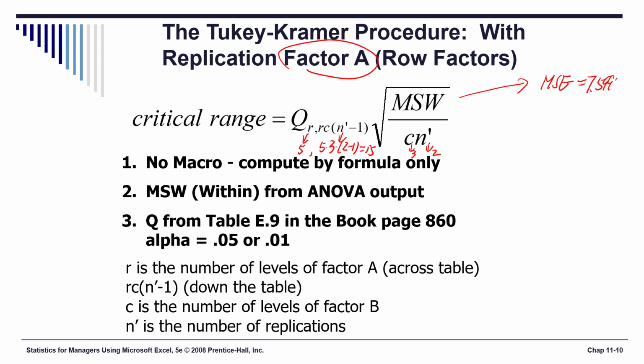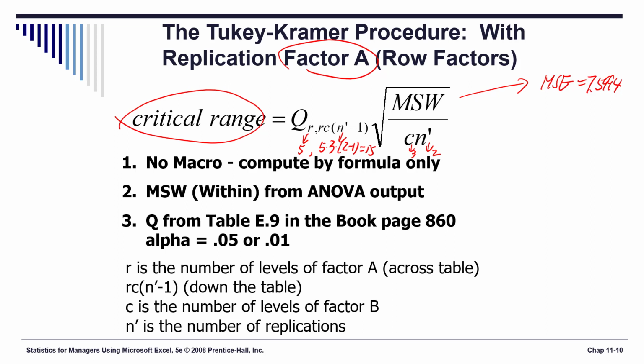Based on all those numbers, we throw them into the formula and find the critical range, and then we compare the absolute difference between the means with the critical range and determine whether there's a significant difference among different rows.